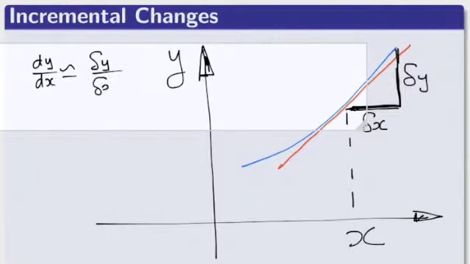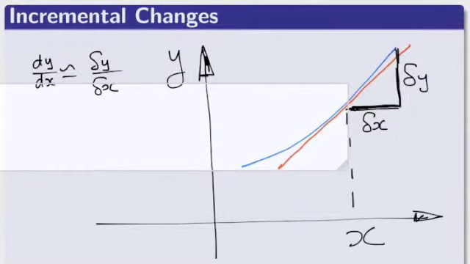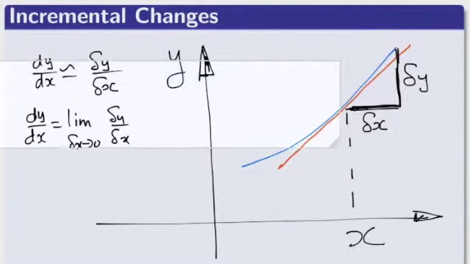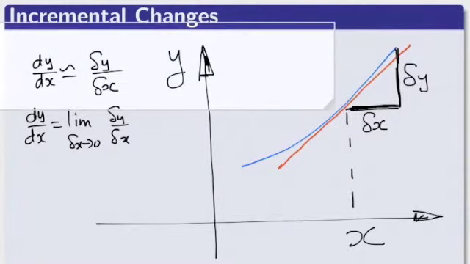In fact, dy dx is equal to the limit as delta x goes to 0 of the ratio delta y to delta x. Now if delta x is a small distance, then dy dx is approximately equal to the ratio of the incremental change in y over the incremental change in x.